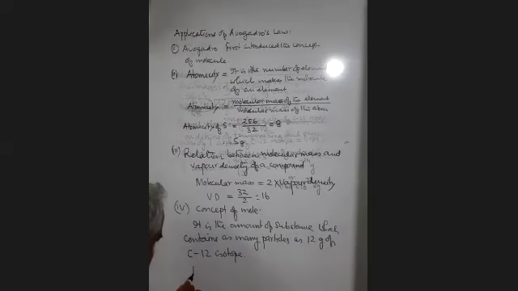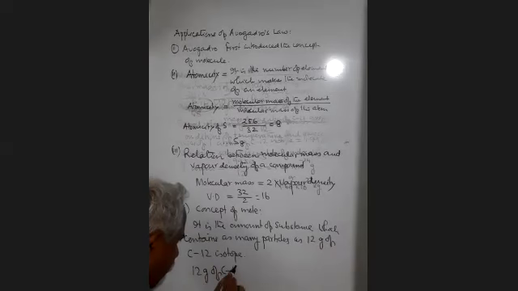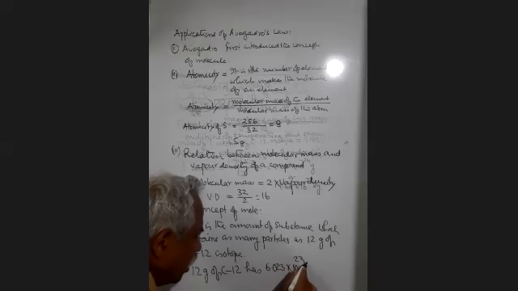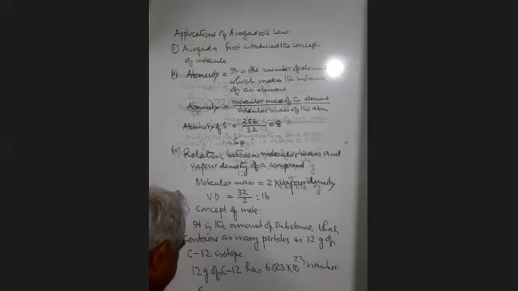See, 12 gram of carbon 12 isotope has 6.023 into 10 to the power 23 number of carbon atoms.